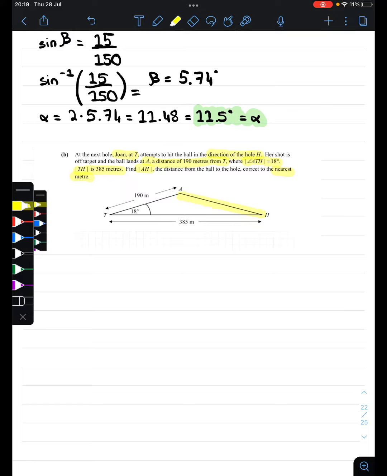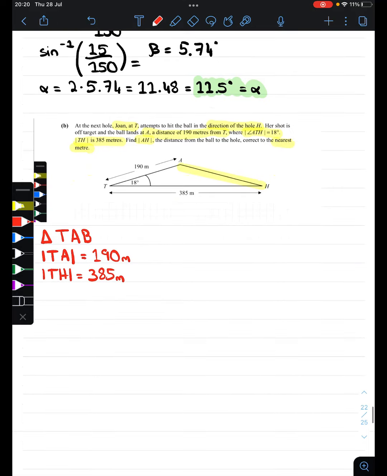Okay, so what do we have? Let's just write down what we have. So we have a triangle TAH. We have two sides, TA, which equals 190 meters, and we have TH, which is 385 meters.